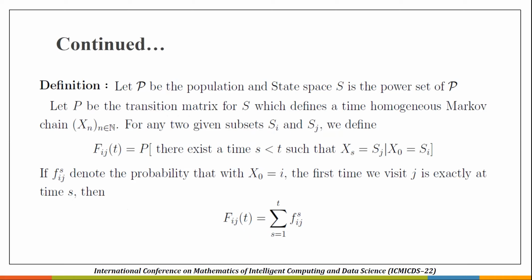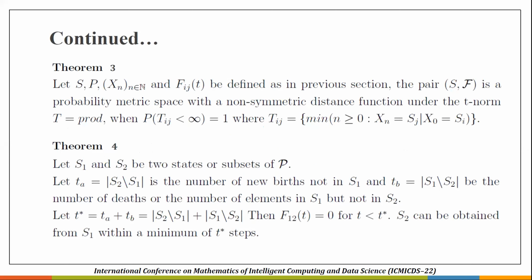Here the subsets are represented by the states, and Fij(t) is the probability that the process reaches the subset Sj in less than t time when it starts at the subset Si. So instead of i and j, here we use the subsets Si and Sj in the definition. This also will give a proper distance distribution function to each pair of subsets in the power set, and that again will give a stationary Markov chain when the probabilities are assumed time homogeneous.